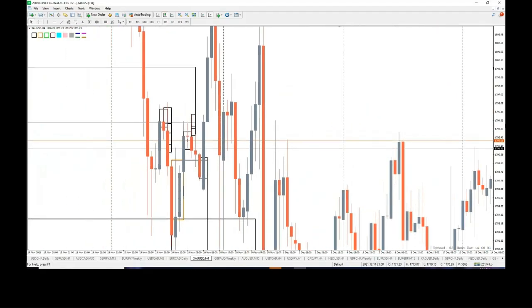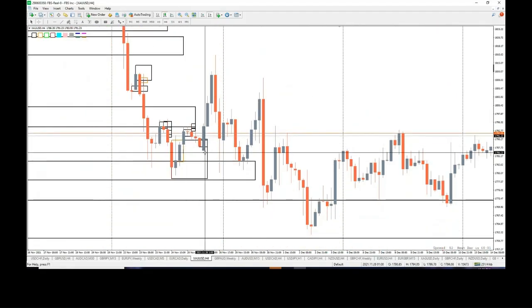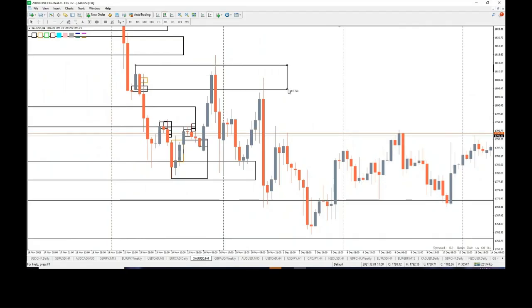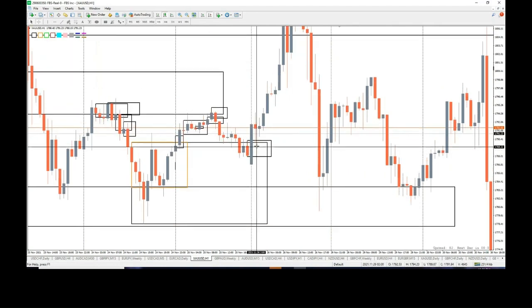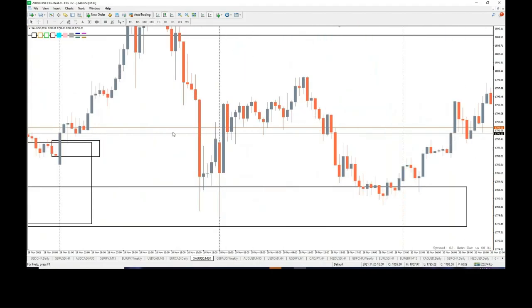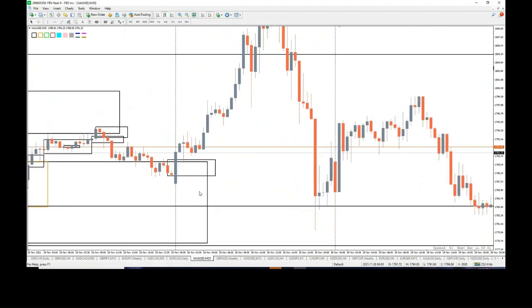So this is the H4 setup. Next TP is here, right? So along the way to go up here, what do we do? We look just for buy. If you go to a lower time frame, you can find so many opportunities.